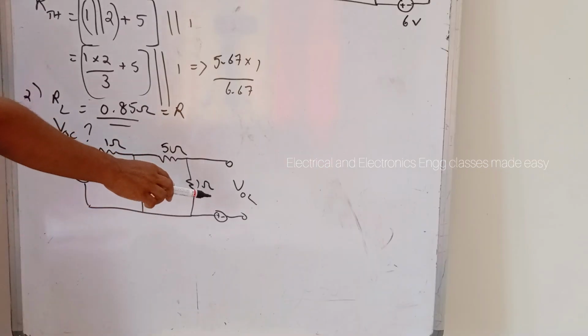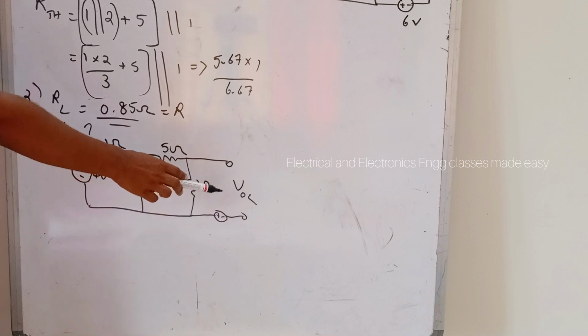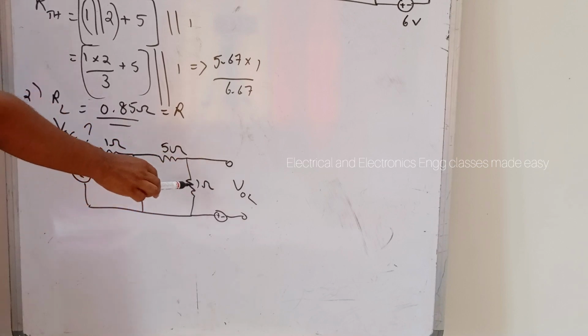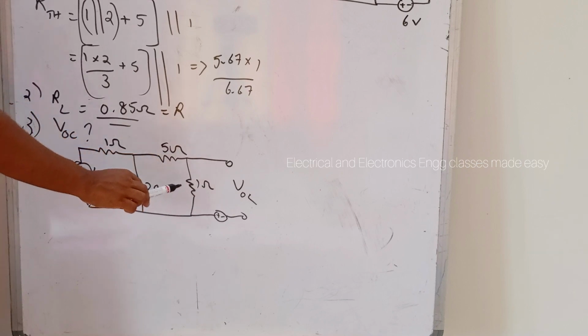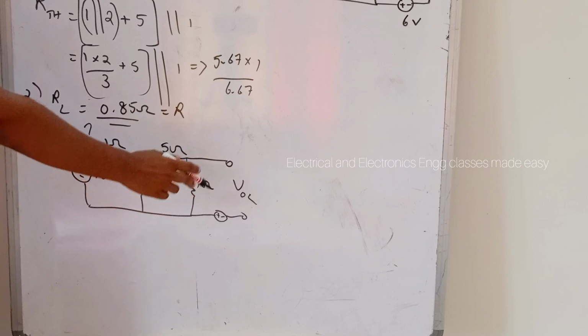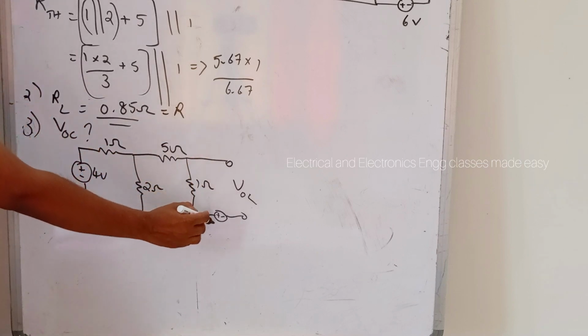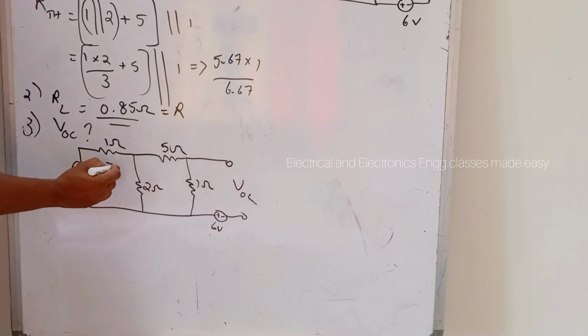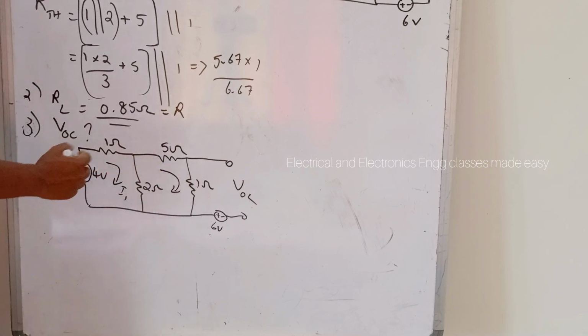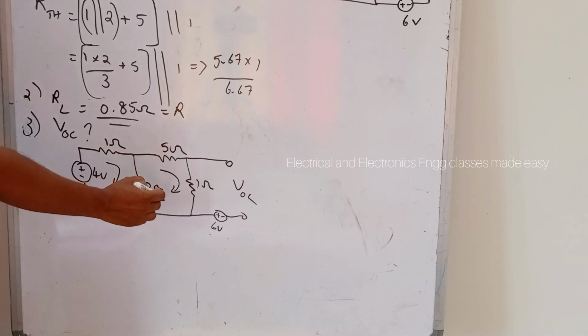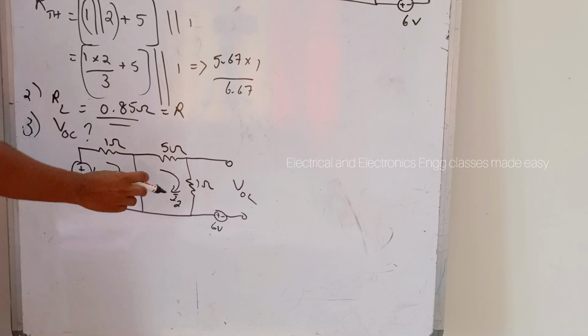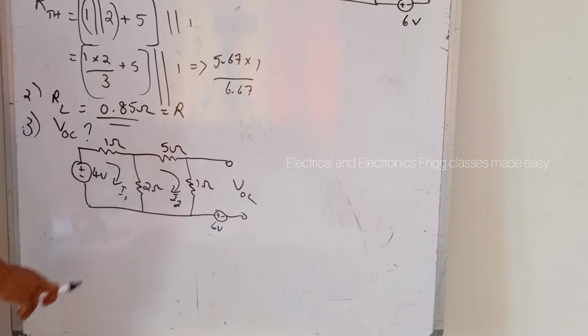To find the value of VOC, we have to apply KVL in this loop. So VOC, then here we have to find the voltage drop across this 1 ohm resistor. Then only we can find the value of VOC. So for that, first of all, apply the mesh analysis in the first two loops. Let I1 and I2 be the currents in the two loops.